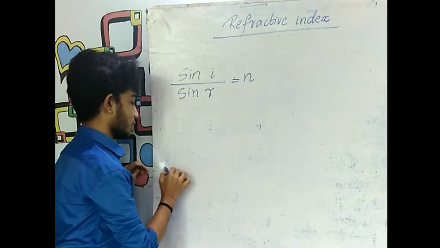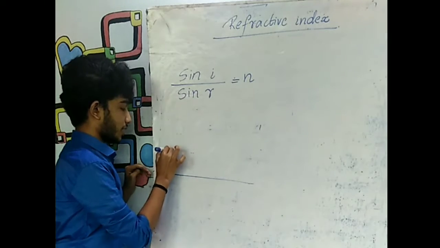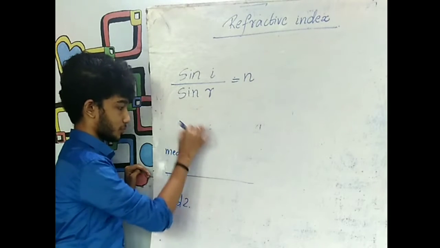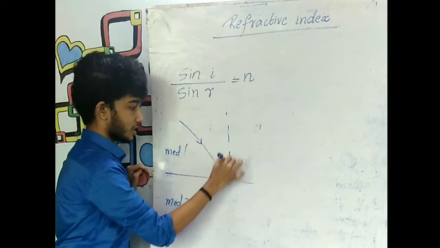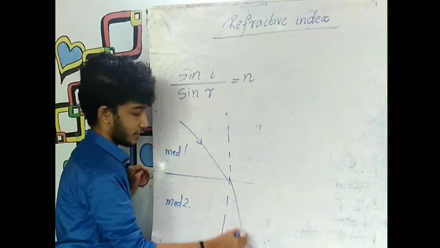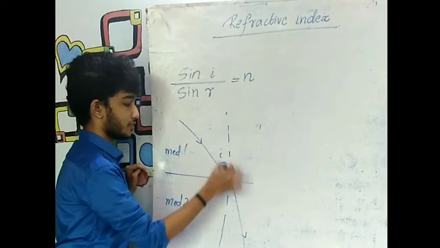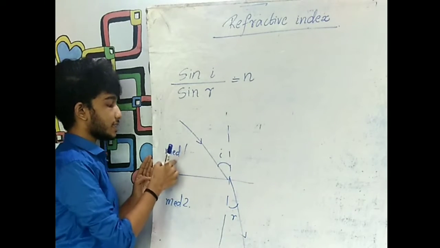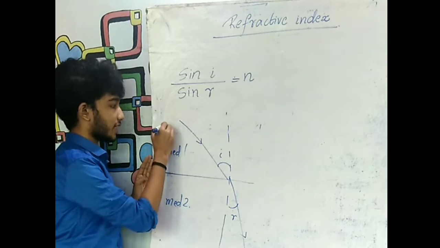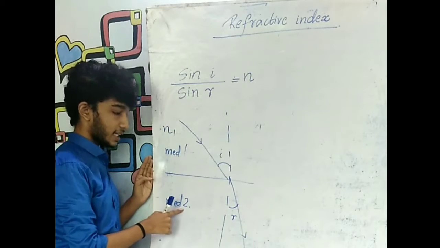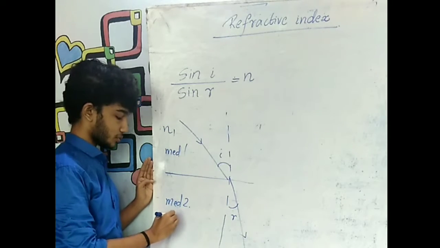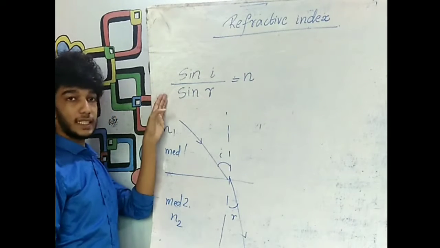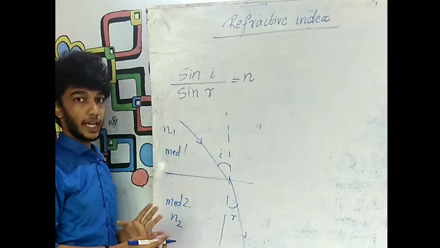So let us now suppose that a ray of light is propagating from medium 1 to medium 2. This be the normal, and after refraction has taken place, this is the angle of incidence and this is the angle of refraction. So let us consider the medium 1 whose refractive index is n1, and let the refractive index of medium 2 be n2. Now, according to this law, sin i by sin r equal to n.